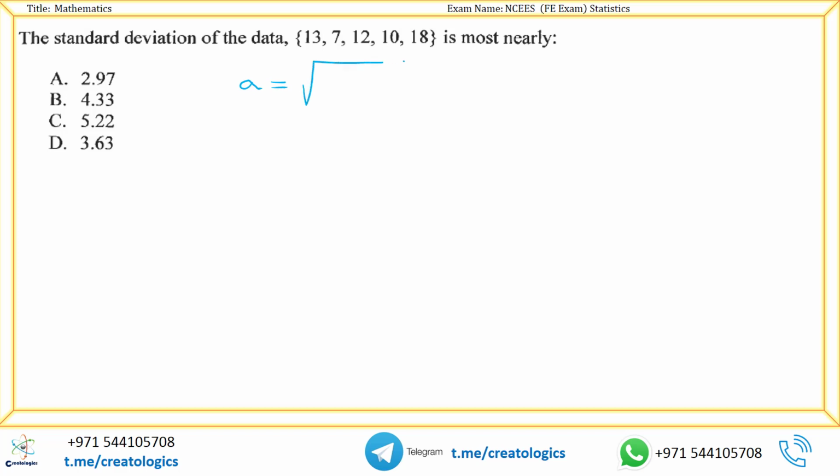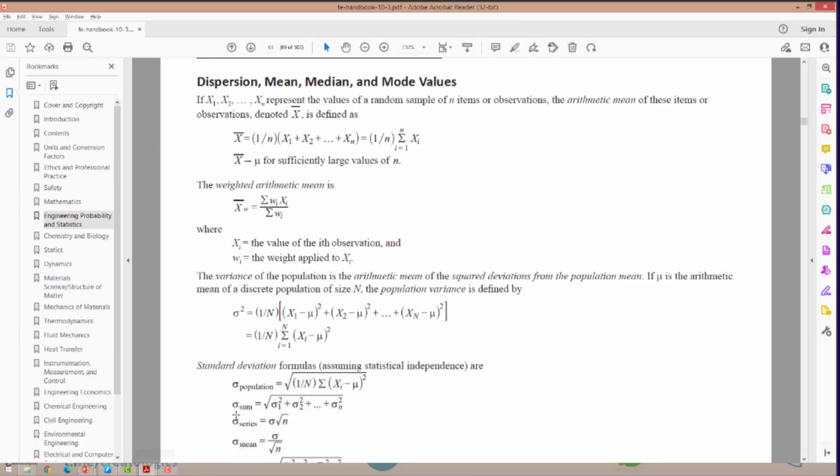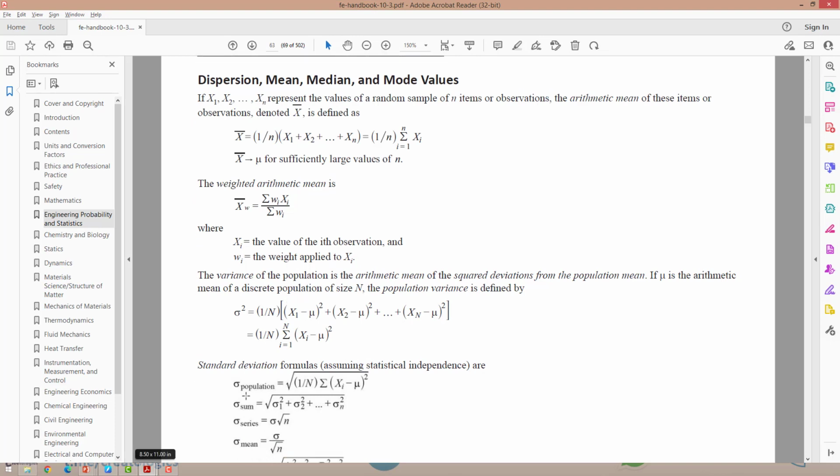Its value is the square root of your variance, which is given by 1 over the total number of terms, let's say n, then take the summation of the squares of the deviations, xi minus mu, whole squared, where mu is the mean. If you go back to your handbook, you can find this formula for the standard deviation here. You can see 1 upon n summation xi minus mu whole square.